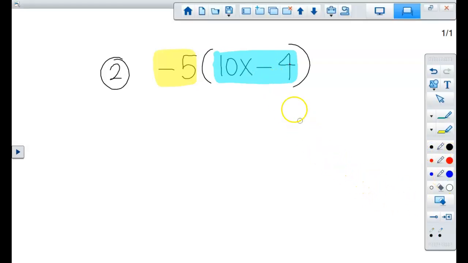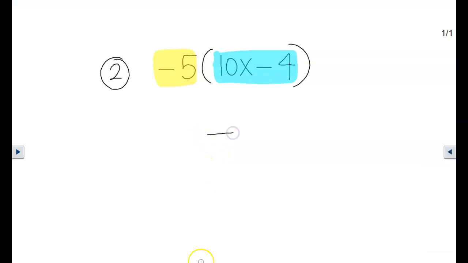So let's do this. First things first, we're going to look right here to see what sign we've got. There's a subtraction inside of our group, so I'm going to put a subtraction down here for my answer. The distributive property says that I need to take that negative 5 and multiply it by each member of this group.